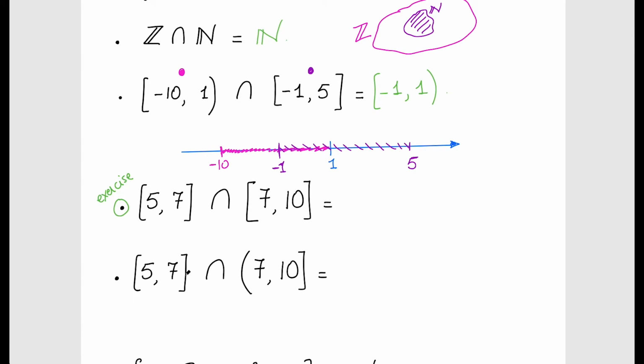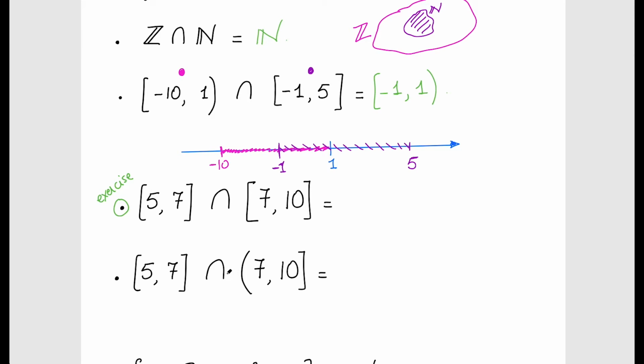And the only thing you might guess is probably 7 is in the intersection. Well, 7 is certainly in this side, but it's not in this side. Remember, parenthesis means open. So 7 is not here, but 7 is here. So it cannot be in the intersection because it's not in one of them.